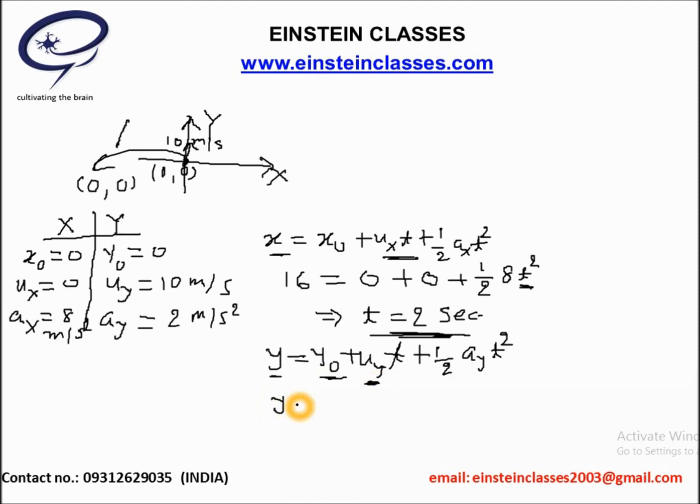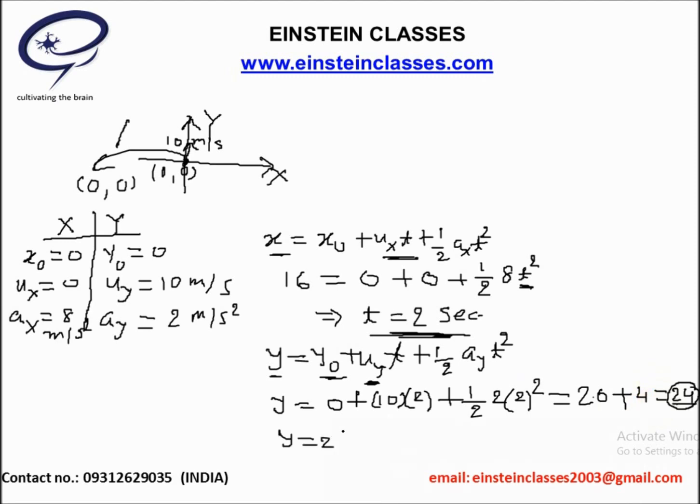Hence y coordinate will be equal to 0 plus 10 into 2 seconds plus half into the acceleration 2 meter per second square, and once again the time is 2 seconds. You can get the value of y coordinate, that will come out 20 plus 4, and hence it will come out 24 meter at t equal to 2 seconds.